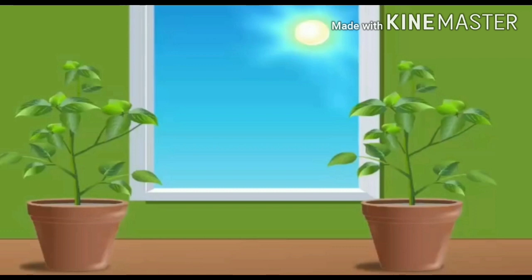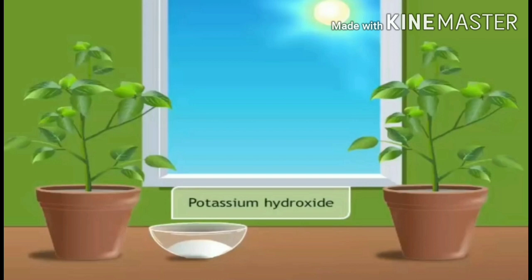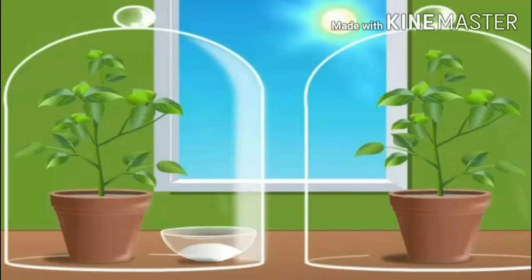Now, place each plant on separate glass plates. Place a watch glass containing potassium hydroxide by the side of one of the plants. Potassium hydroxide is used to absorb carbon dioxide. It is a good absorbent of carbon dioxide.